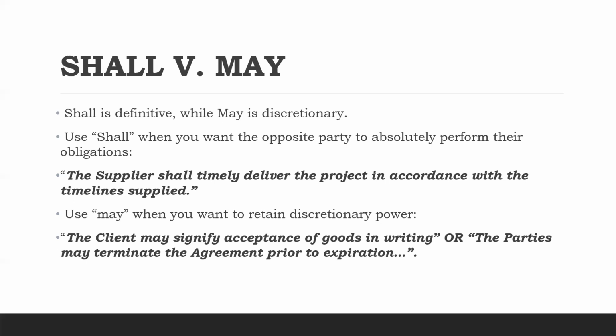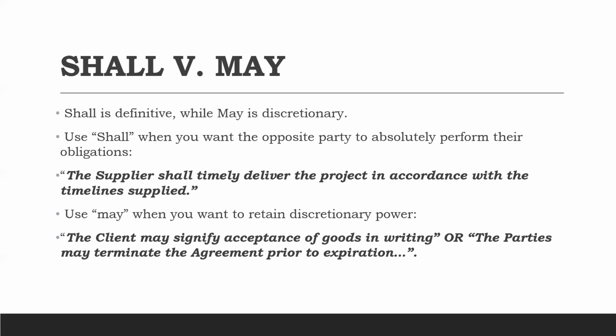So, the supplier shall timely deliver the project in accordance with the timeline supplied. Use may when you want to retain discretionary power. Now, in the above given clause, the usage of the term shall does not give the supplier any discretion. It doesn't say the supplier may timely deliver the project. So shall is a binding obligation.